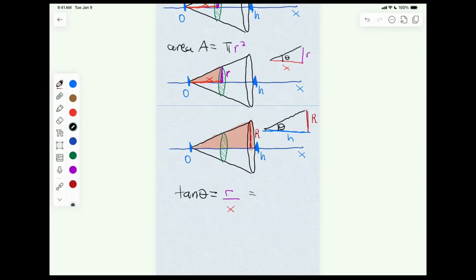But if you had used the second right triangle, that would have been big R divided by H. And this is the most important part of the problem, because it relates all the variables that you have in the diagram.